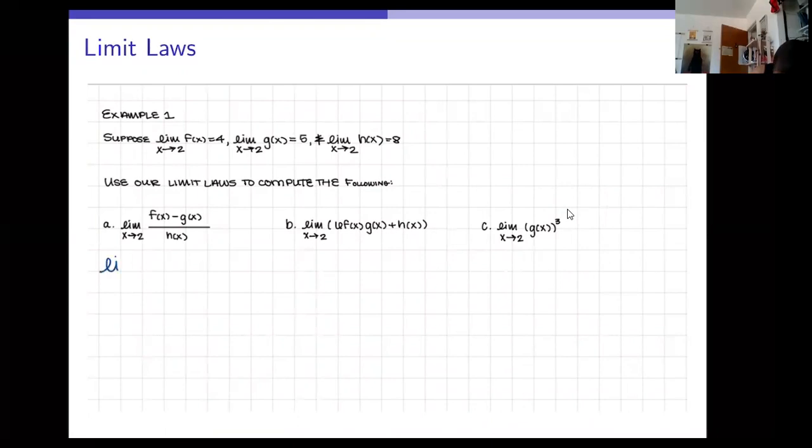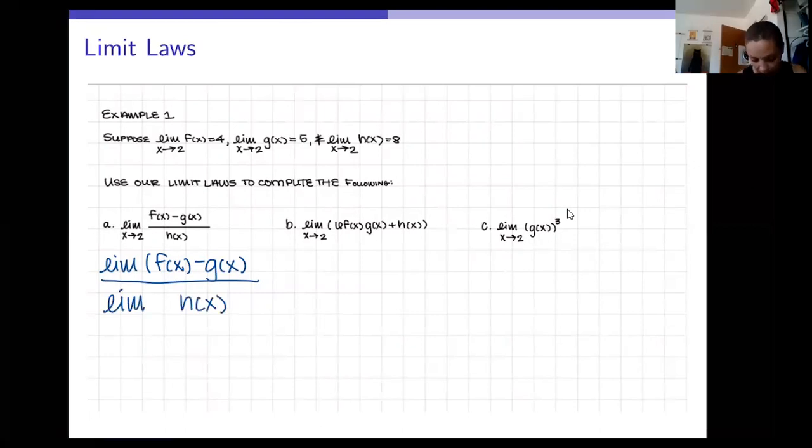the limit of our numerator, f of x minus g of x, divided by our denominator, which is the limit of h of x. And for ease of use, I'm just going to suppress the x approaches 2 notation just to keep everything clear. So we can simplify the numerator even further because we've got a difference in there.